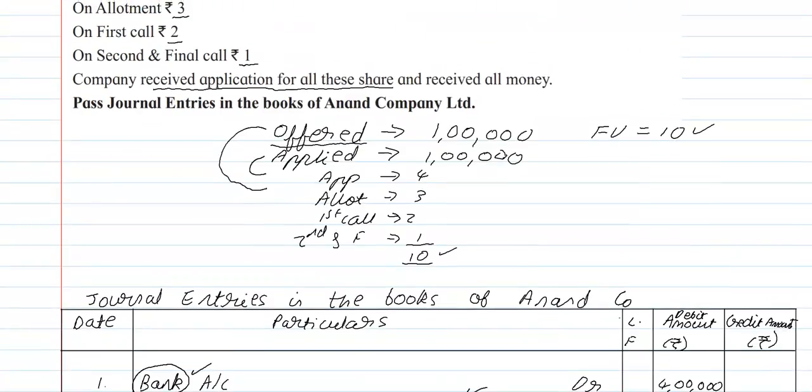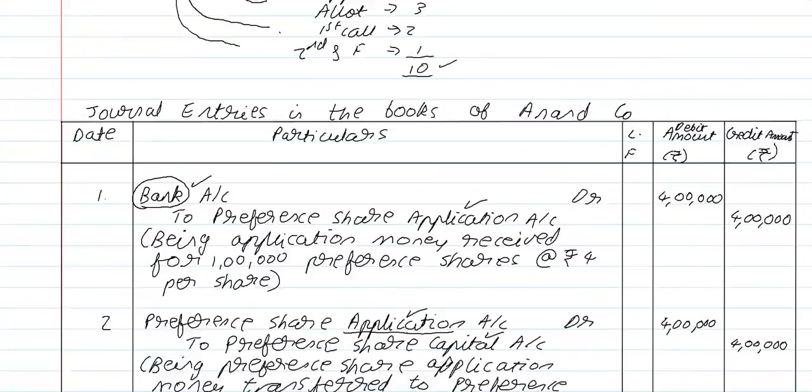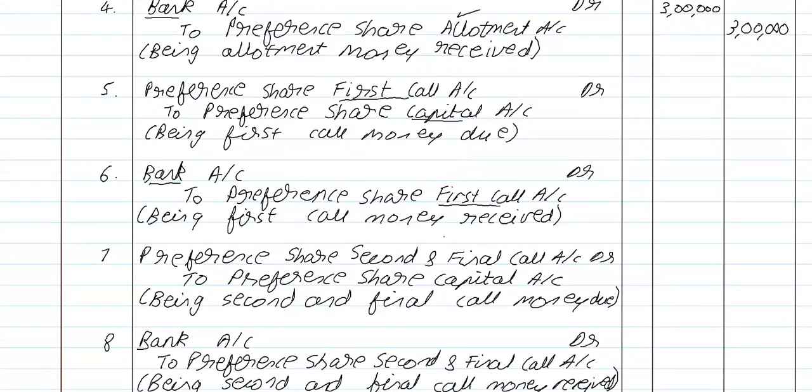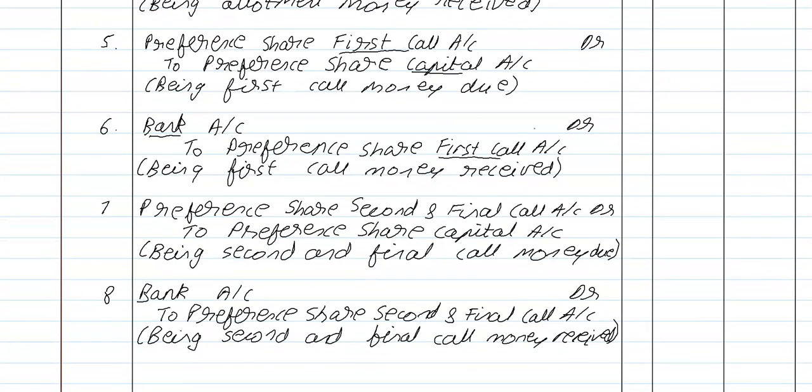Now for the numbers, at the time of call it is 2, so offered 2 into 1 lakh, and similarly 1 into 1 lakh. For first call it's 2 lakh, for final call it is 1 lakh. Okay, so here we are.